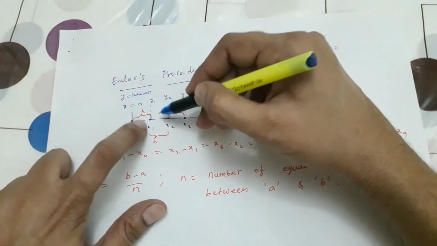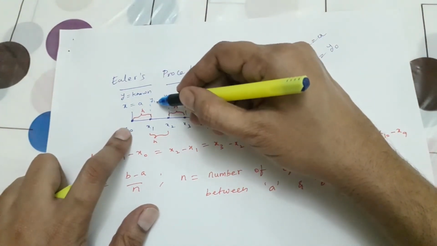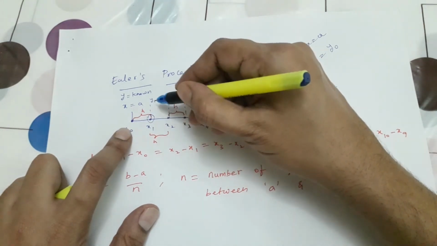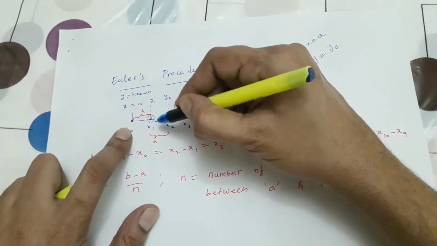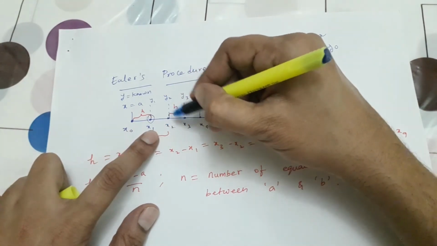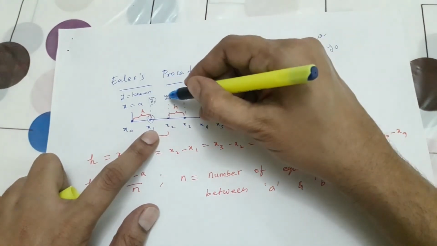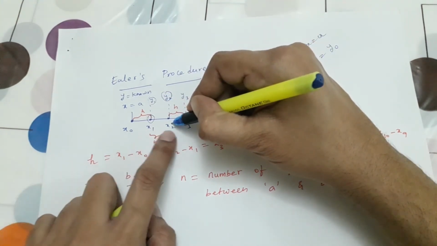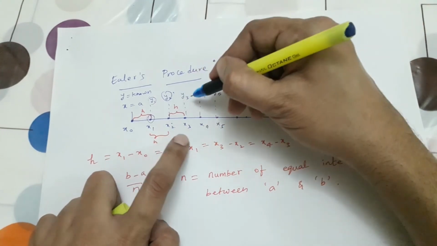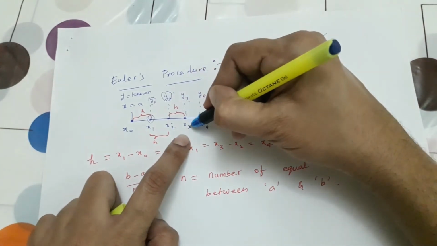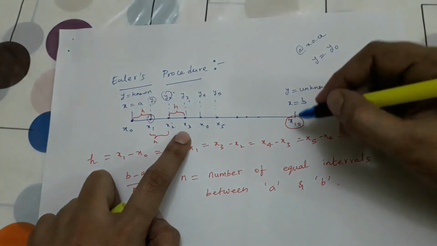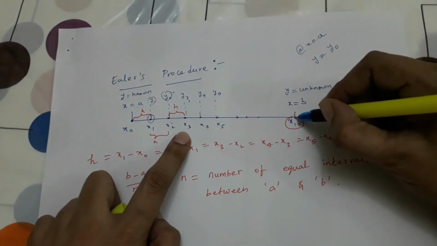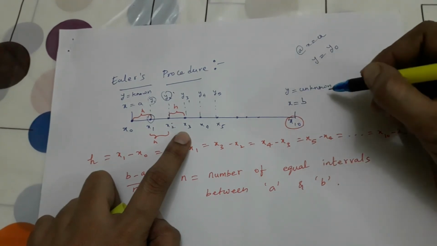Using this value you will find the value of y1 at x1, and then using y1 you will find y2 at x2. Then using y2 you will find y3 at the point x3, and so on, and at the end, at the required point, you will find the value of y which is unknown.